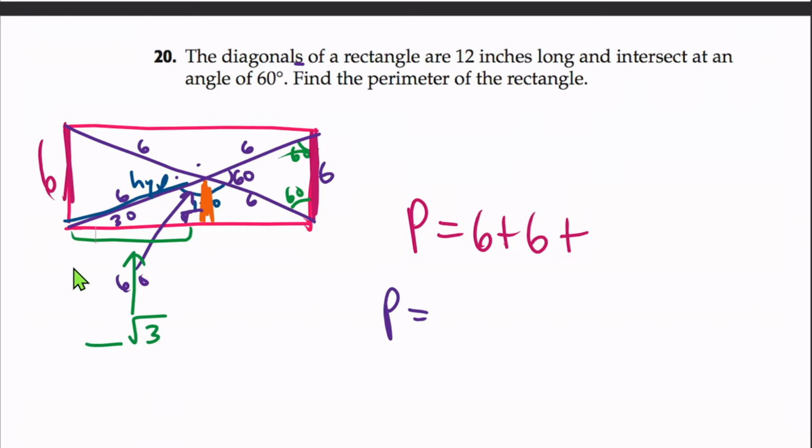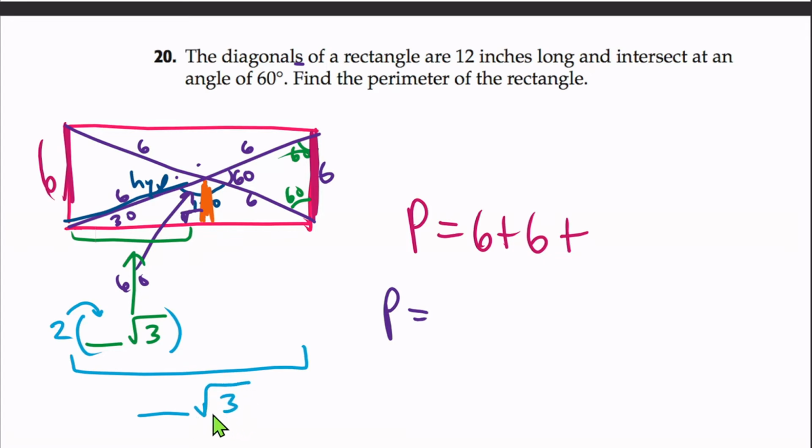Now, to find this blue length, which you need for the perimeter, you're going to take this number and multiply it by 2. That will make just that number bigger and keep the square root of 3 as square root of 3. So the whole blue length will be some number times the square root of 3.